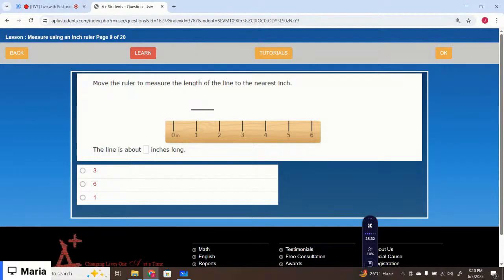Move the ruler to measure the length of the line to the nearest inch. So that is 1 inch long. Okay, you can complete the lesson by yourself later today. Let me just move on to the next lesson.